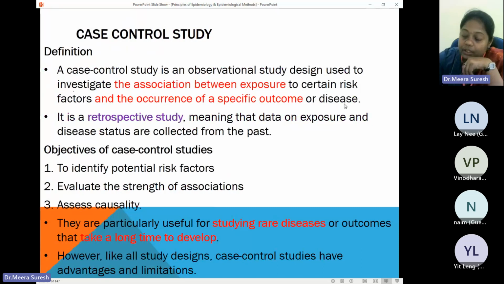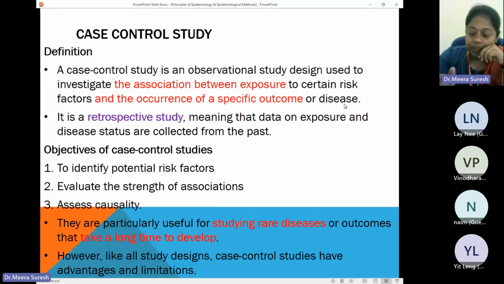Exposure can be a risk factor and outcome can be a disease. Whenever we explain, maybe because it is so easy to explain and for people to understand, we almost always use the same example, smoking and lung cancer. So in the case of lung cancer and smoking, the exposure will be the smoking.